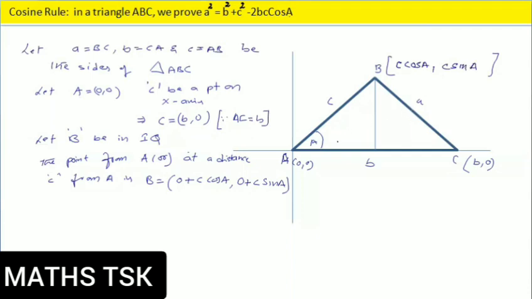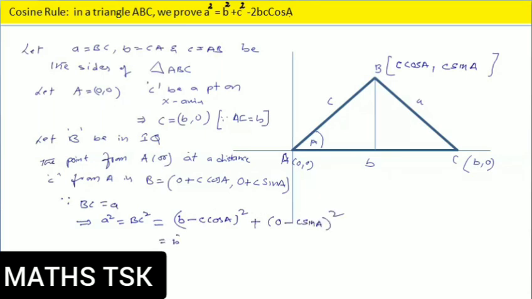Okay, right now. What is small a? Now since BC is equal to a, implies a square is equal to BC square, isn't it? BC square means the distance between B and C. Distance between B and C is x2 minus x1 whole square plus y2 minus y1 whole square.